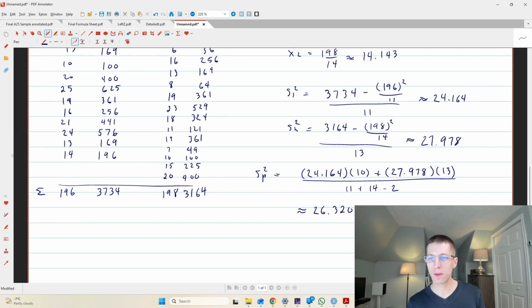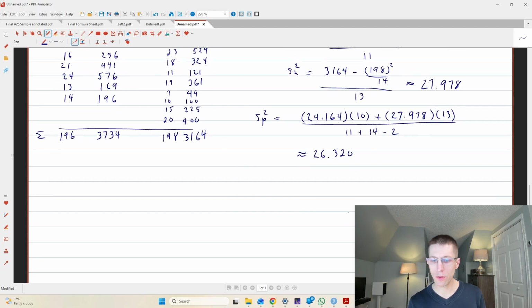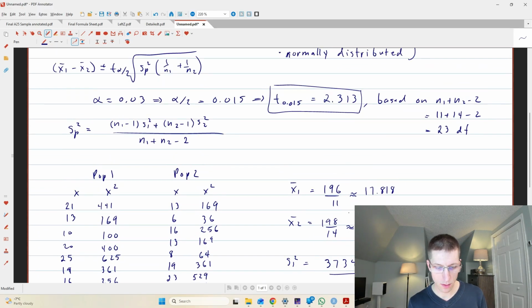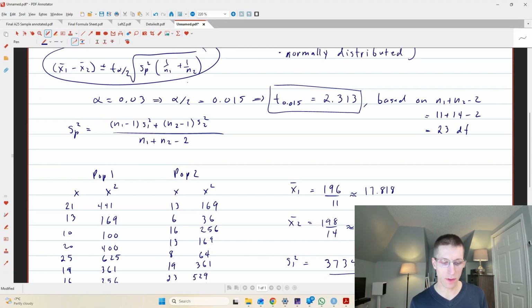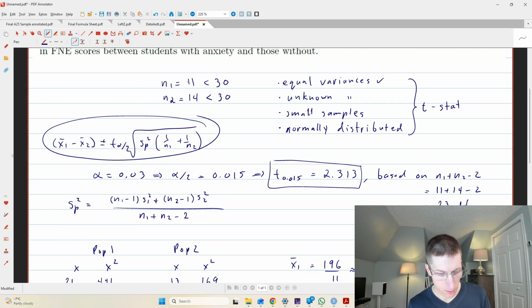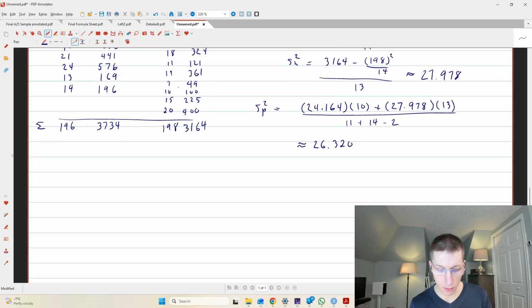Okay, so now we can use this formula up here to get our confidence interval. So we've got x1 bar minus x2 bar.